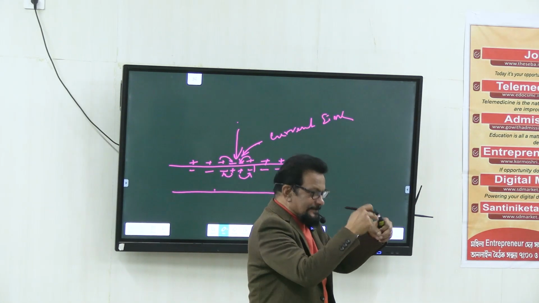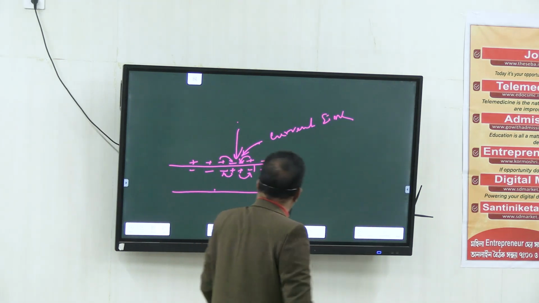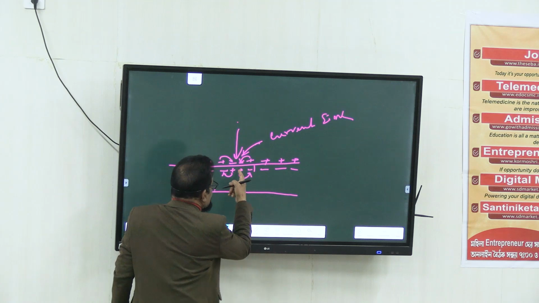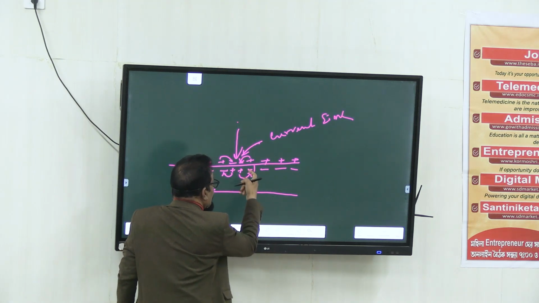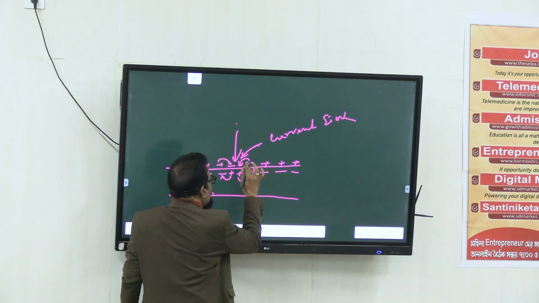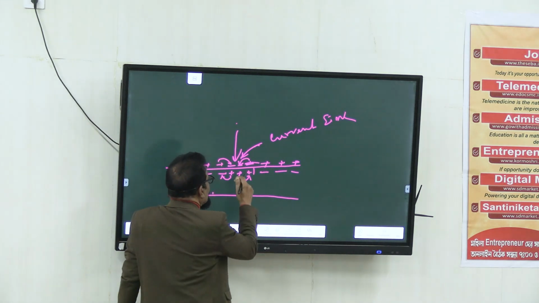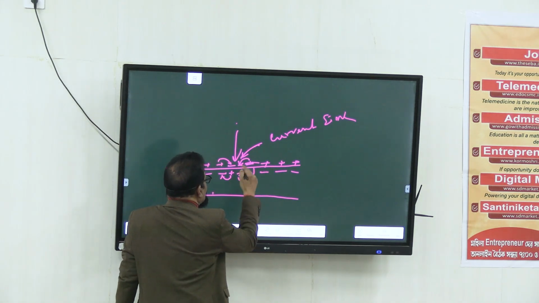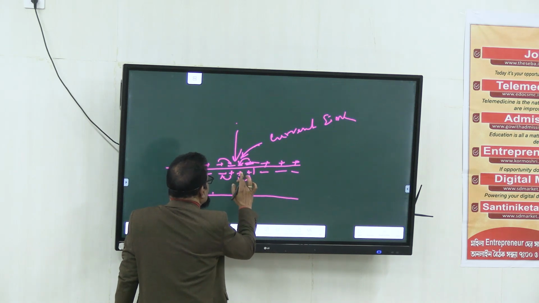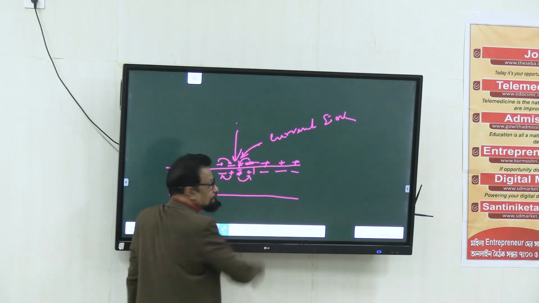Means because of this, now this current will flow on both sides. As a result, if positive charge flows from here to here, this area will become positive and this area will become negative. And this area will again become negative and this area will become positive.